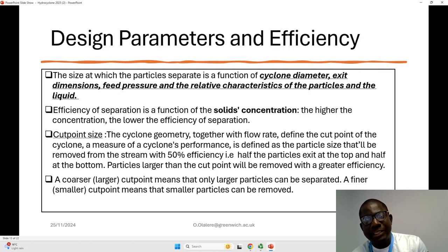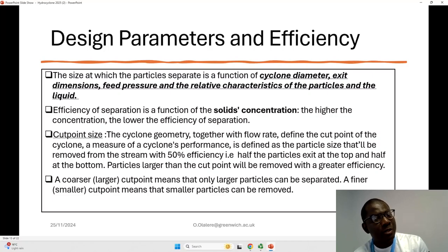So particles larger than the cut point size will be removed. A particle that is smaller than the cut point will be retained or separated. So a larger cut point size means that only larger particles can be separated.